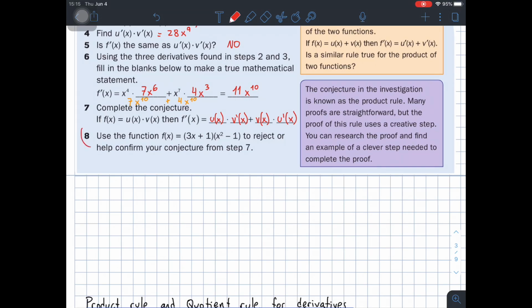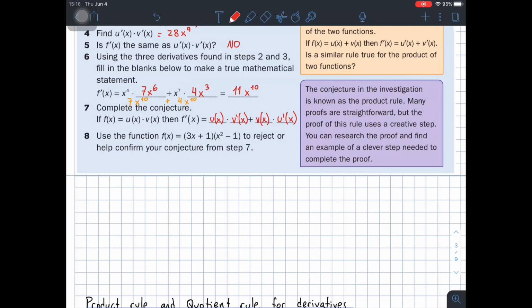Okay, finally for part 8 of the investigation, it says, use the function f of x equals 3x plus 1 times x squared minus 1 to reject or help confirm your conjecture found from step number 7.